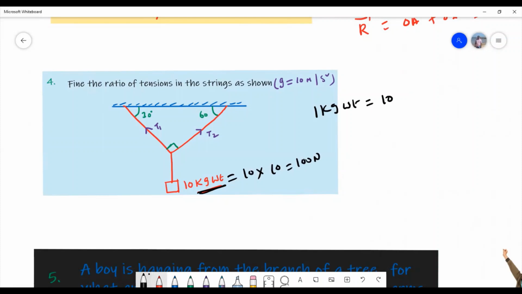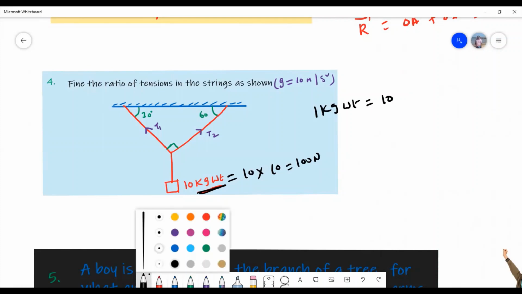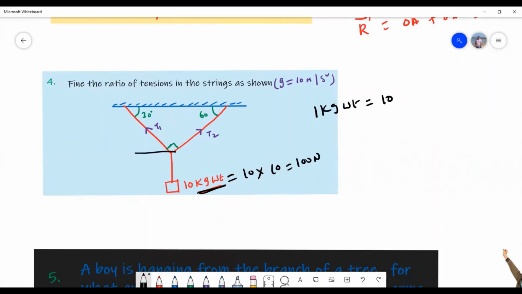If you want to solve this problem, simply draw a parallel line here. This is 30 degrees, these are parallel, so this angle will also be 30 only, alternate angle. Similarly, this will be 60 only. So this is 90, totally 180, it's correct.